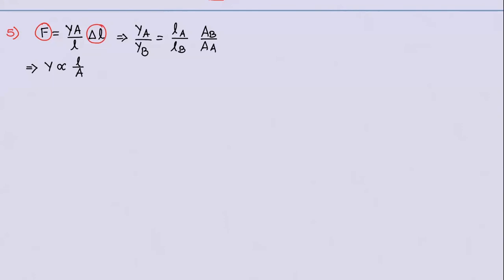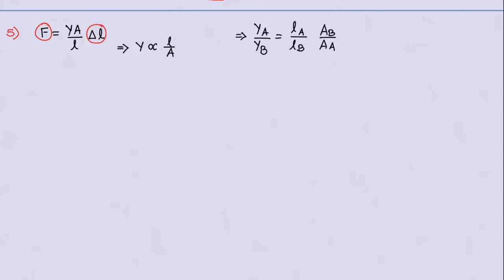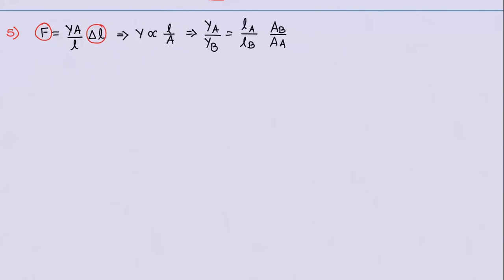You can write it directly, don't waste your time. Length ratio is 5:6, and area ratio you have to take reciprocally, 3 into 10 power minus 5 by 2.5 into 10 power minus 5. The 10 power gets cancelled, so the ratio is 1:1.